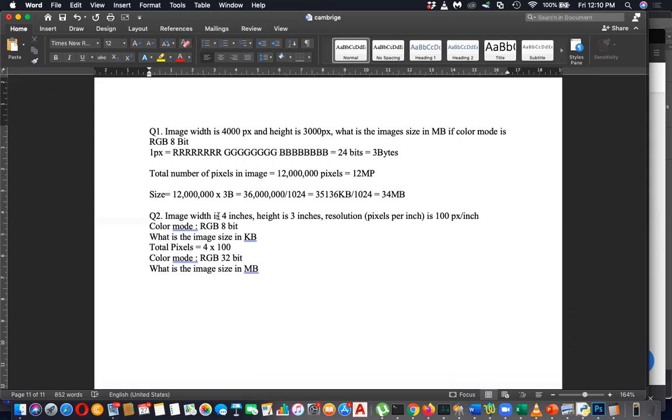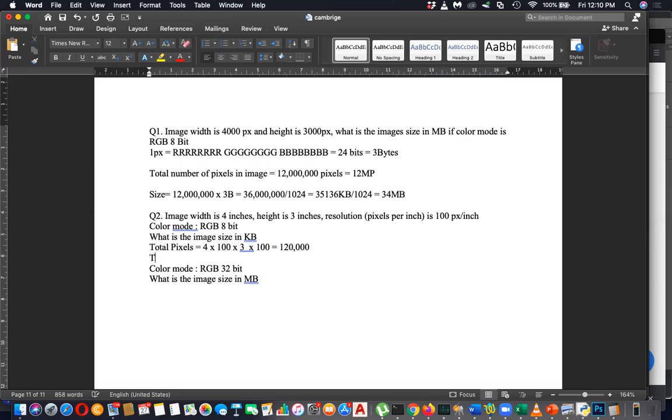So the width side you have 4 into 100, which is 400, and the height side you have 3 into 100, which is 300. Altogether it is 400 into 300, which is 120,000 pixels.